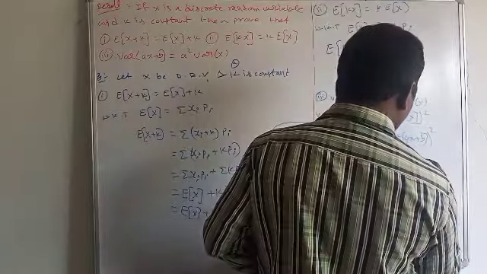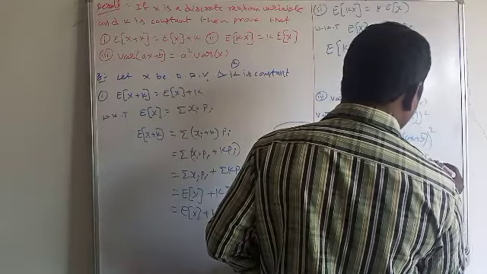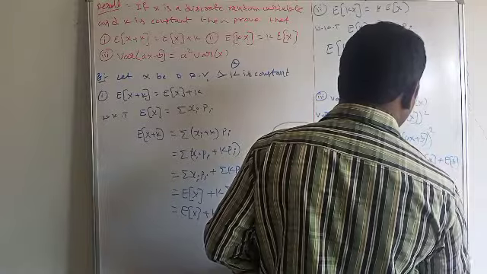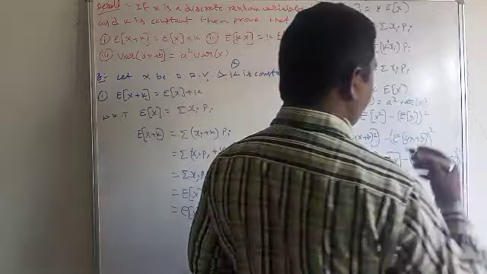What does this become? a into expectation of x plus expectation of b, a into expectation of x plus expectation of b whole square.